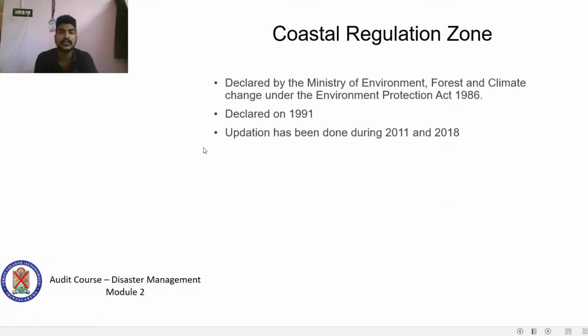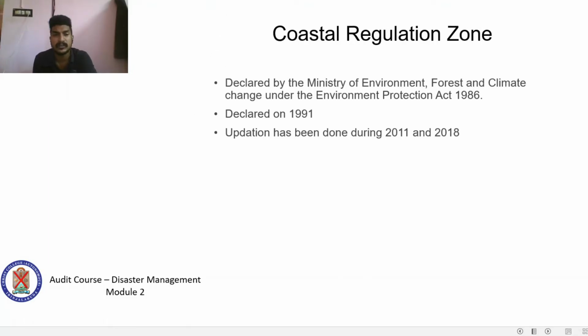The coastal regulation zone is declared by the Ministry of Environment, Forest and Climate Change under the Environment Protection Act 1986. It was declared in 1991 and updated in 2011 and 2018.